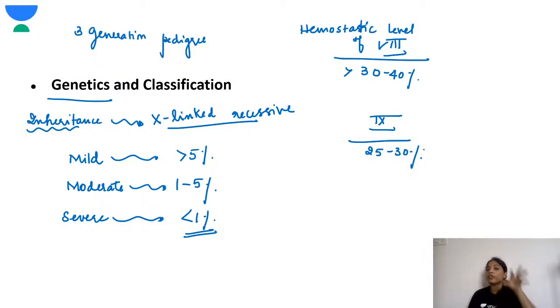So this is the basic level. This much should be there to maintain hemostasis. For factor 8 it is 30 to 40, and for factor 9 it is 25 to 30. So remember this much.